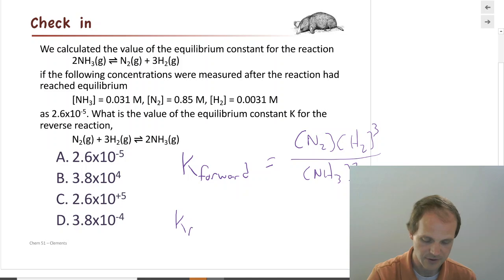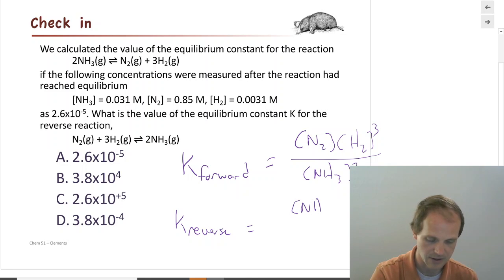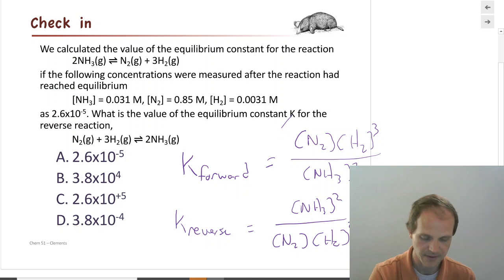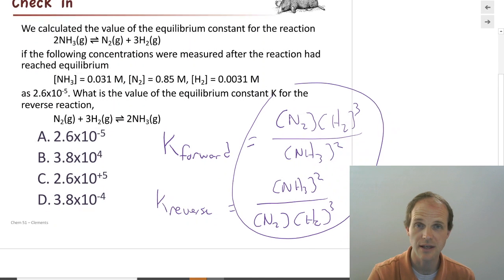For the reverse reaction, we had the concentration of NH3 squared over concentration of N2 times the concentration of H2 cubed. How are those two things related?